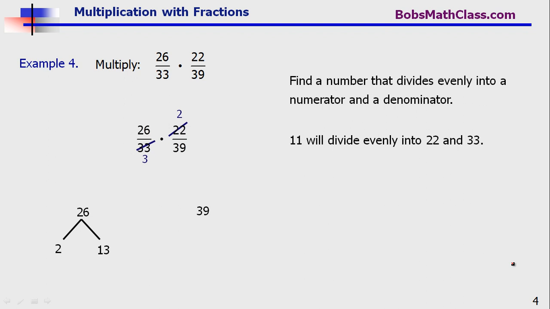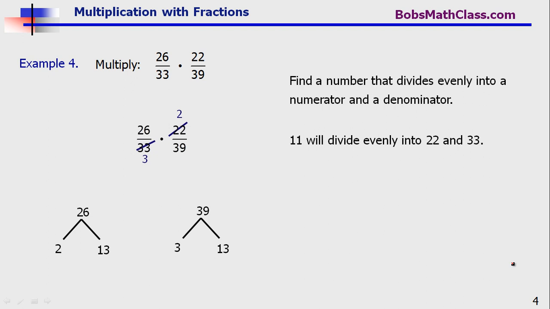It's even. 26 was an even number, so we know 2 went into it. Then you just have to divide 2 into that number. Now 39, let's see, 3 plus 9 is 12. 3 goes into 12, so 3 will go into it. So divide 3 into 39 and see how many times 3 goes into 39. You'll get 13.